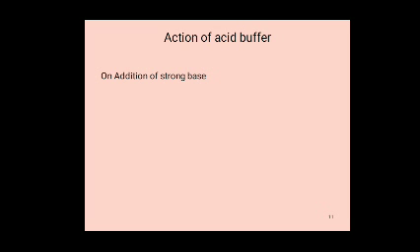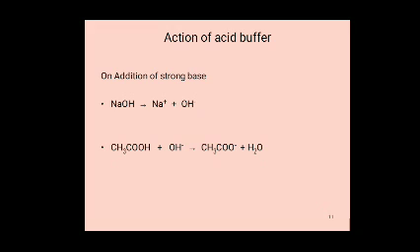On addition of strong base like NaOH, it dissociates completely to form Na plus and OH minus ions. These OH minus ions from NaOH combine with acetic acid CH3COOH to form acetate ions and water molecules.